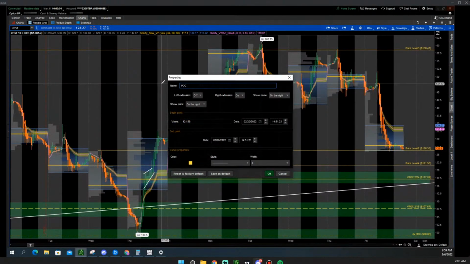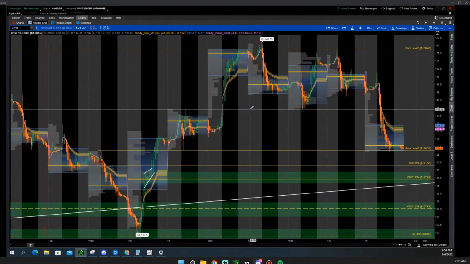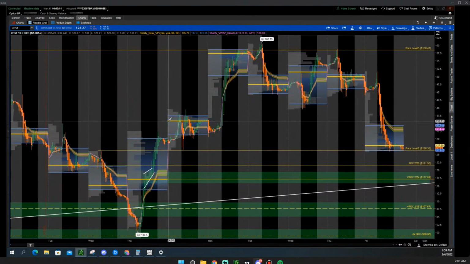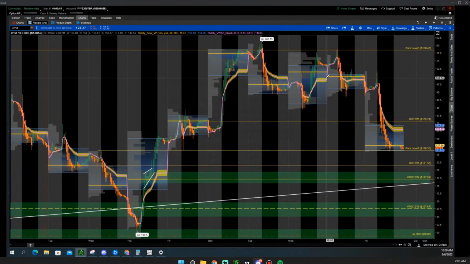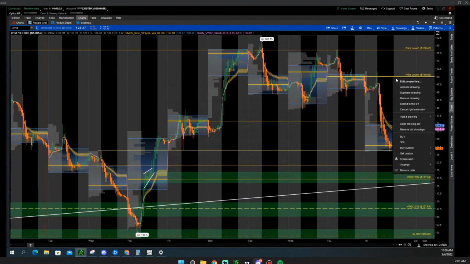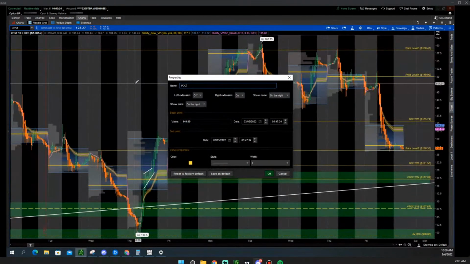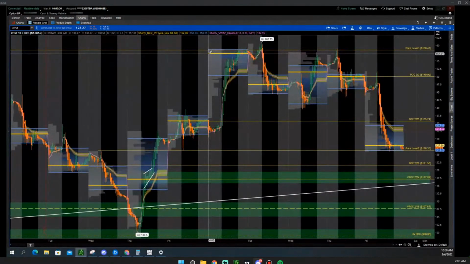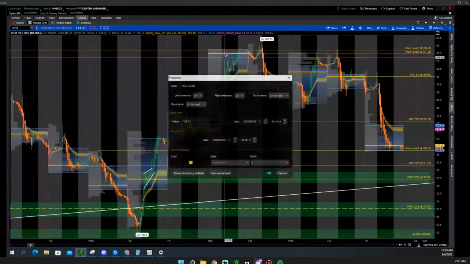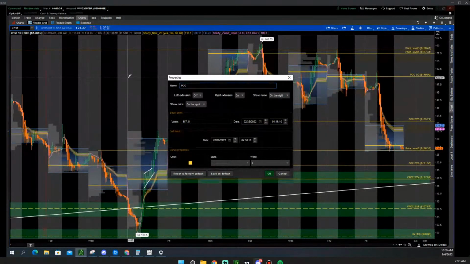So this is POC 220, right? And then if you mark them all, you have nice levels and targets for your trading. And then here's a level which I guess the stock did not really like. POC 33. And then here you have a major one that it didn't like. POC 228.